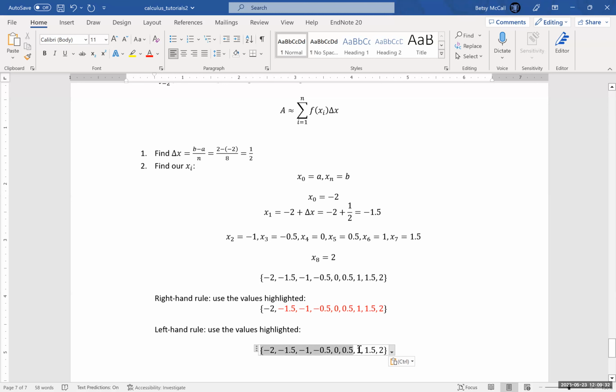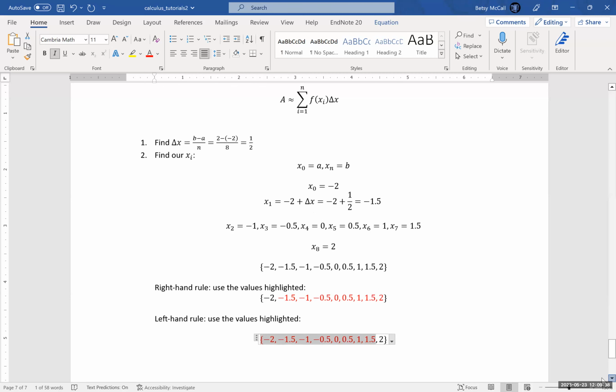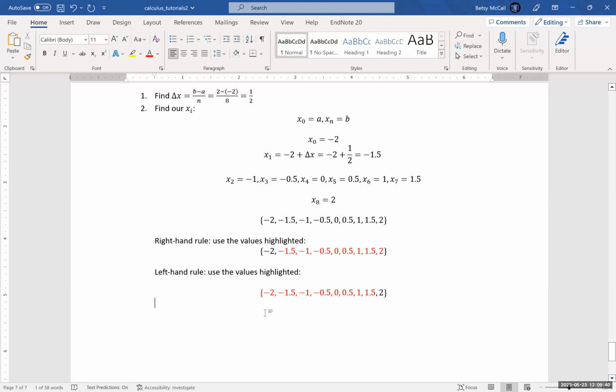So the left-hand rule uses all of these values except the final value. So these are all the places where we're going to evaluate our function to find the height of our rectangle. That's really the only difference between the right-hand rule and the left-hand rule: in the right-hand rule, you skip the first value, you use all the others. In the left-hand rule, you use all of them except the last one.